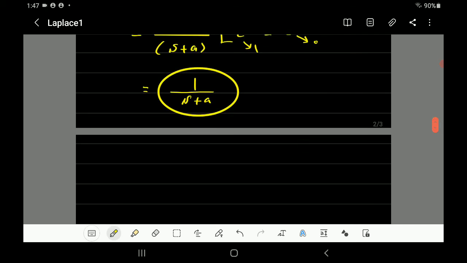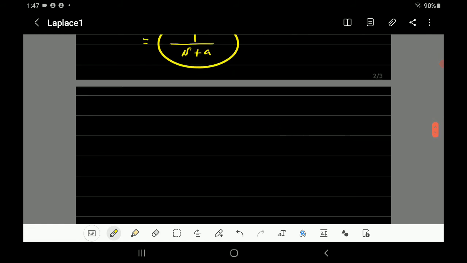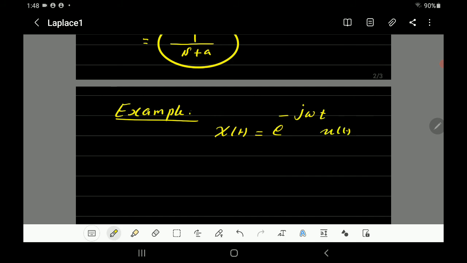And once you know that, you can use this as a property. What I mean by that is, if you have another function and it looks like that, e to the power of minus j omega t u of t, you don't have to do the integration again, because we just proved in the previous example that e to the power of minus at u of t has Laplace transform 1 over s plus a.